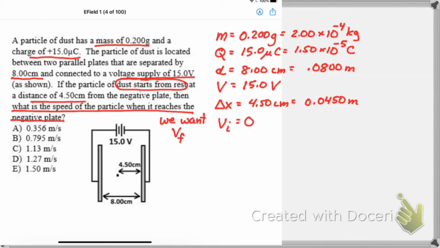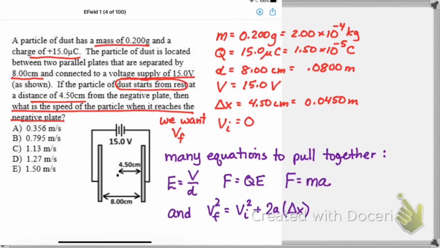Means you're going to have to draw on a lot of formulas. Many equations have to be pulled together. 4 of them to be exact, but they're not all from the same topic. And this is the place where the more formulas you can have at your disposal, the better you will perform on this part of the test.